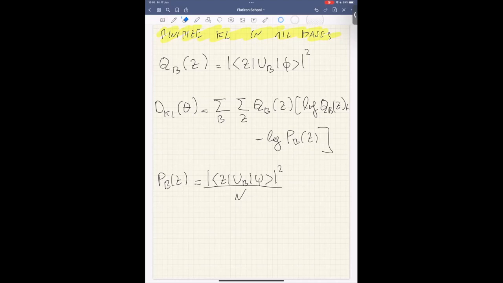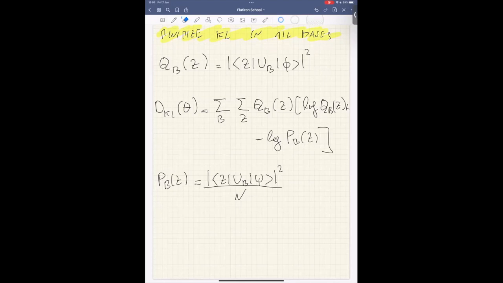Okay, so this means in practice that you take your wave function, you apply this linear transformation that is this U, right? And you can do that efficiently if this U has some special properties, but I don't want to enter too much into the details.